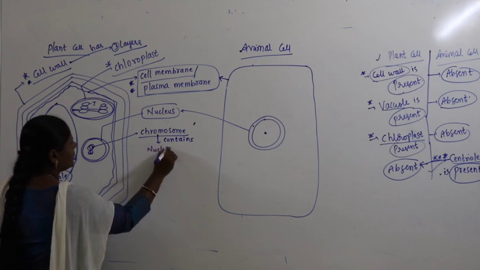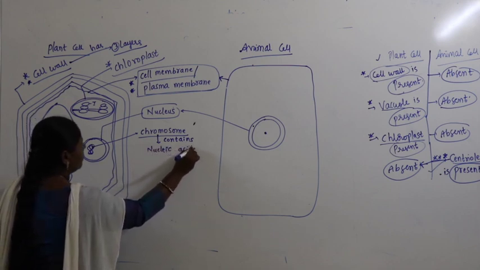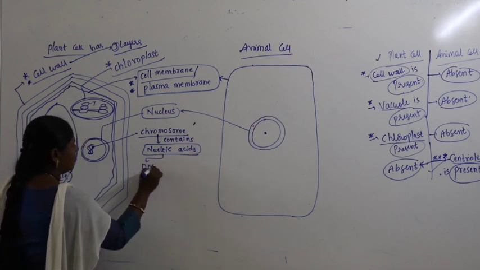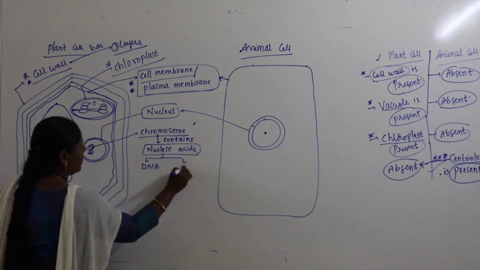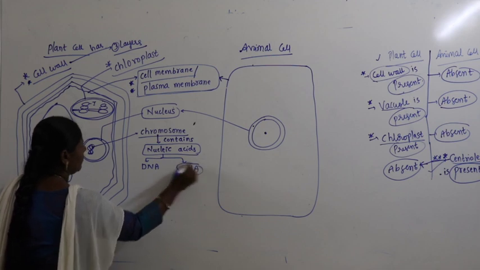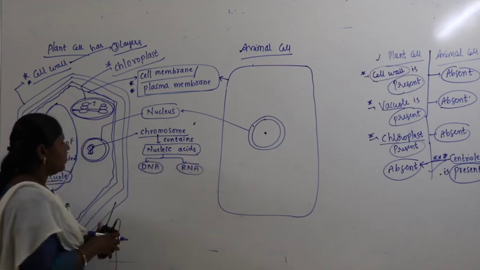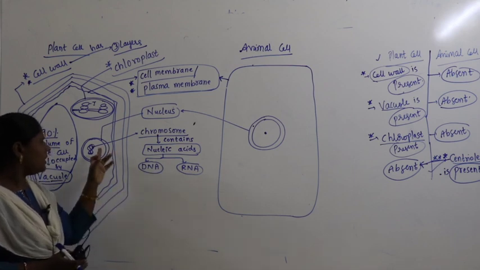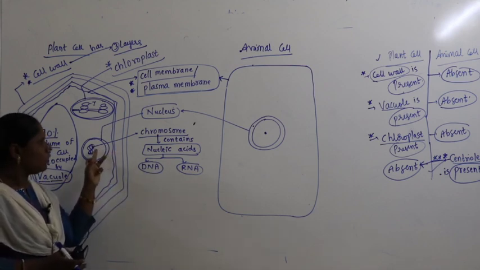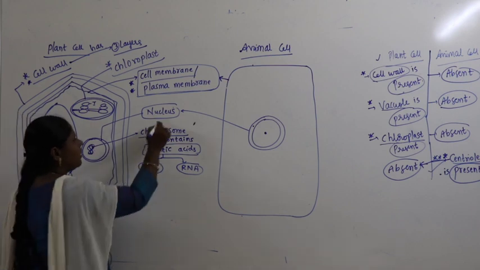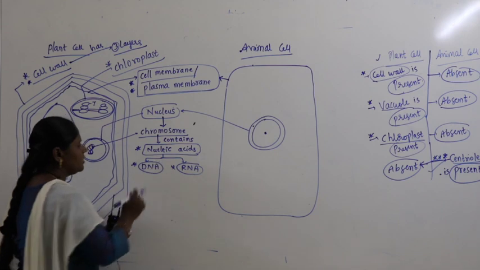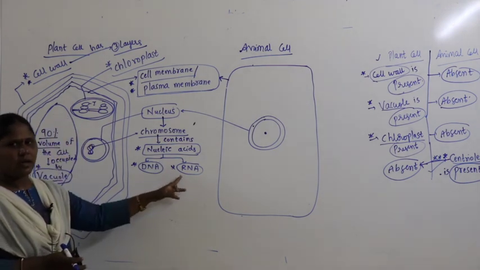So what are nucleic acids? Nucleic acids are nothing but DNA as well as RNA. Inside the nucleus you find the chromosome, which contains nucleic acids, DNA and RNA.